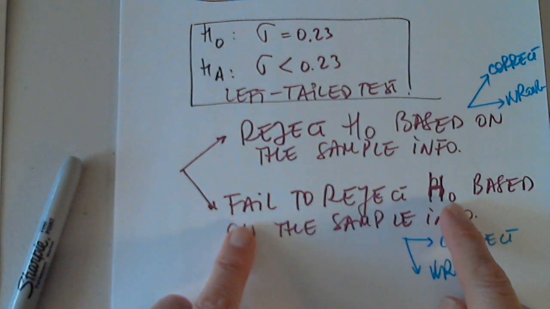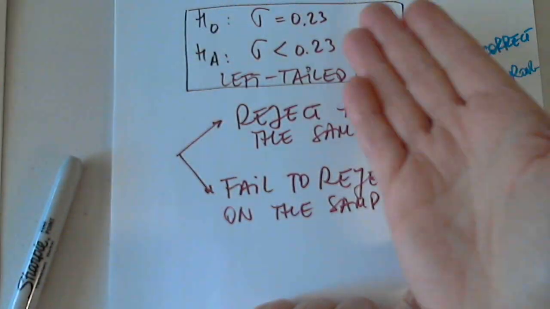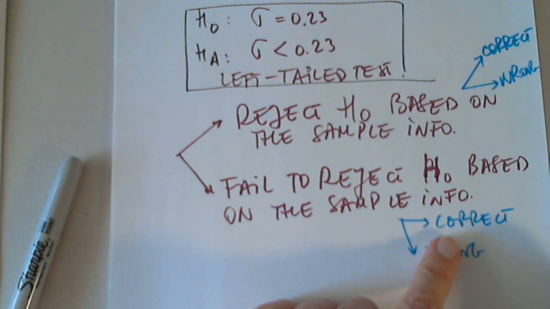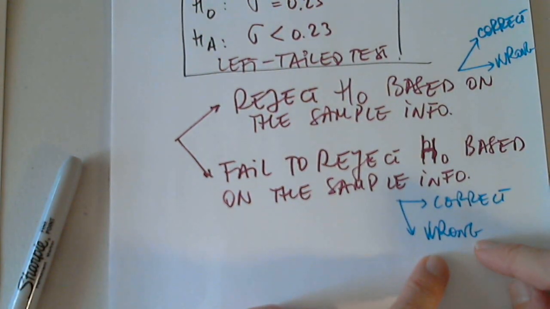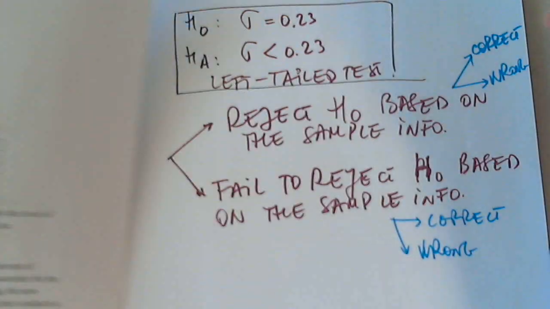So I fail to reject, and I may be correct. Or I could be wrong: I fail to reject, but I should be rejecting. So these are the 4 possibilities that you see here.